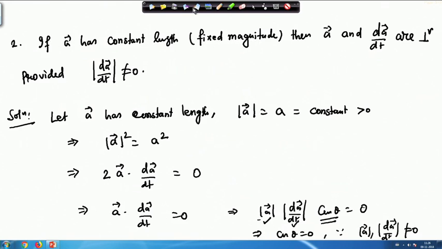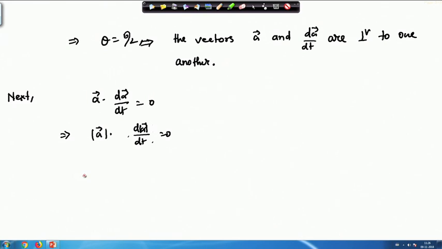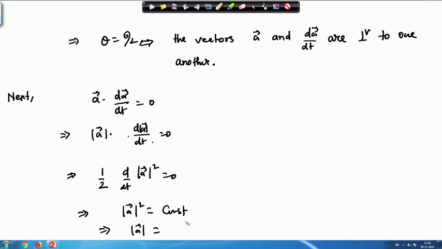This means that I can write this as 1/2 d/dt of mod of A squared equal to 0, and from here we obtain mod of A squared equals some constant. So mod of A equals the square root of some constant, which is again a constant.